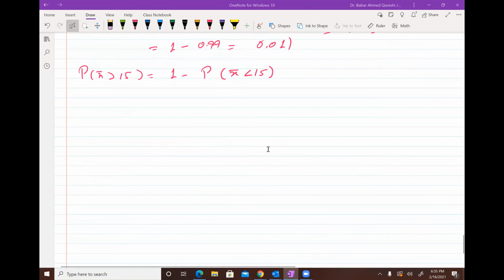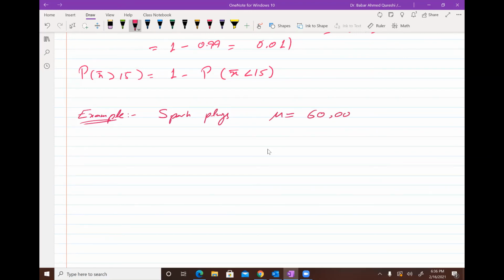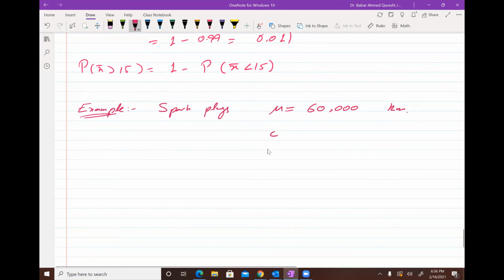Now let's do another example. Suppose you have these spark plugs for cars made by a certain company, and they provide you this specification that the mean life of these plugs is 60,000 kilometers with a standard deviation of 4,000.